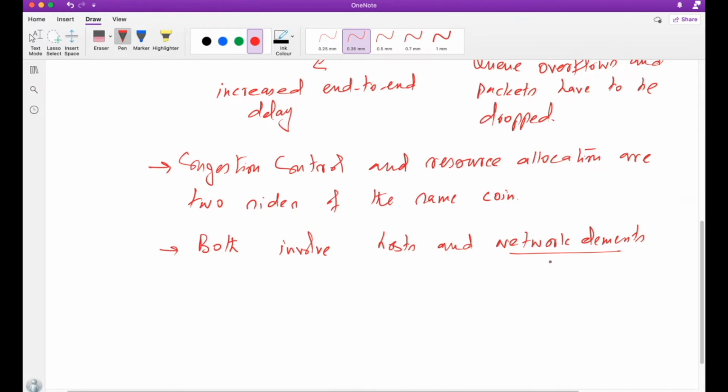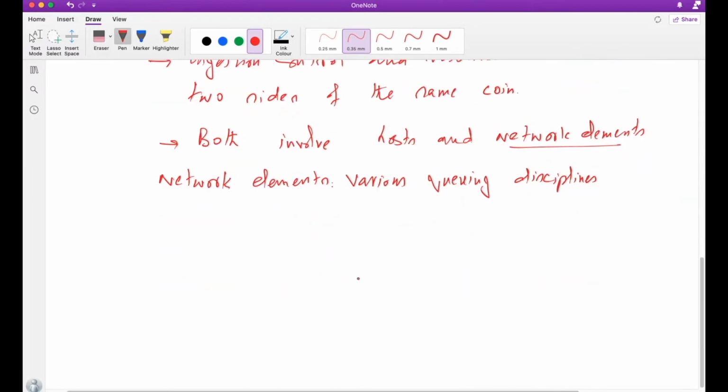But what do you mean by the network elements? So when I say network elements, I'm talking about various queuing disciplines. See, we have not covered this so far in terms of congestion control.